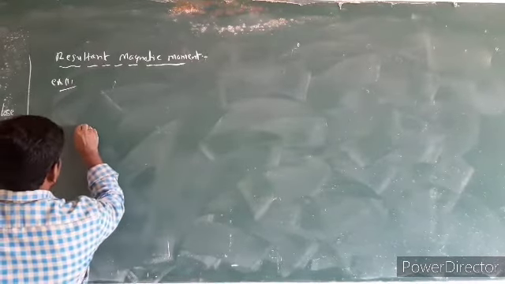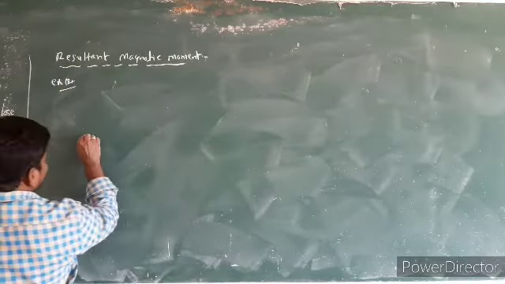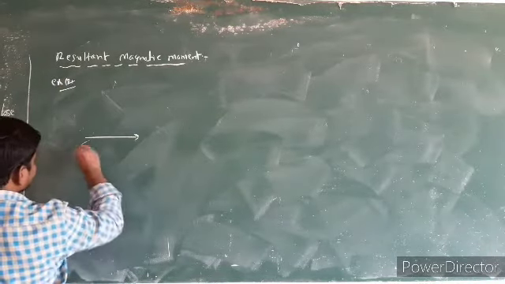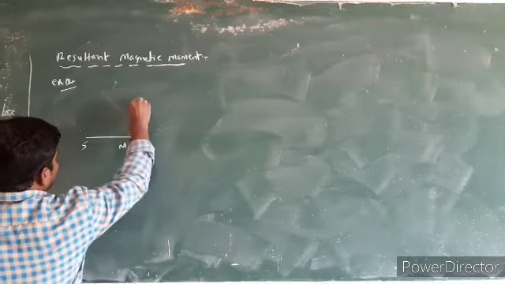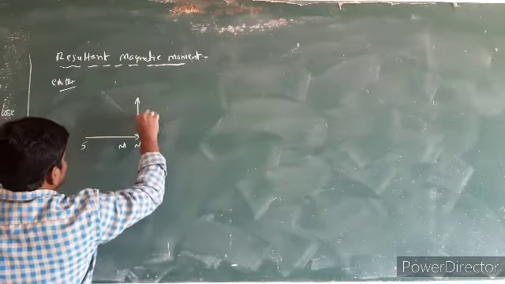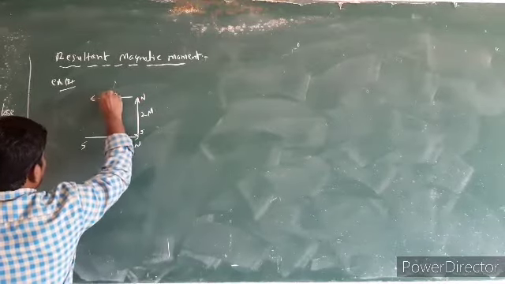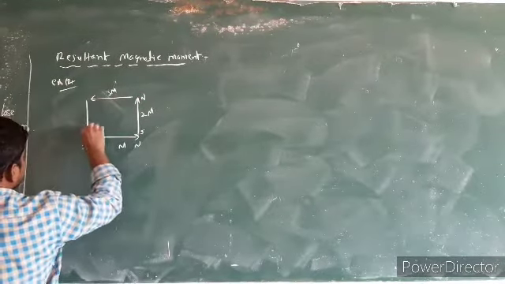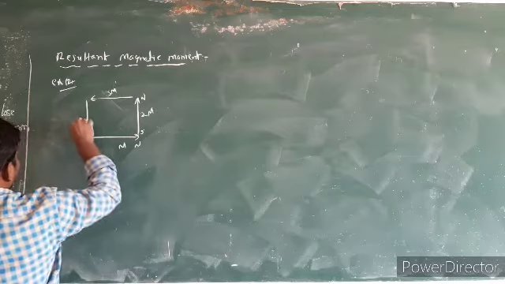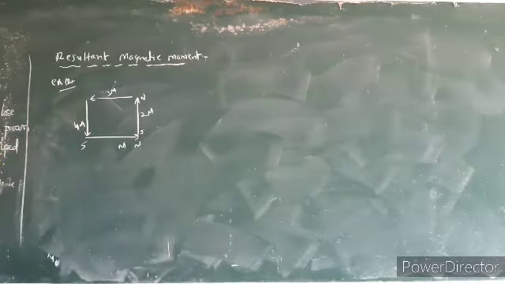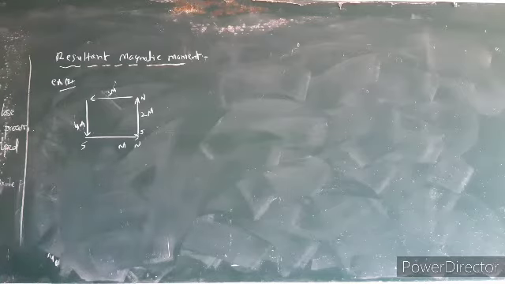See one example. Four bar magnets of magnetic moment m, 2m, 3m and 4m are arranged in the form of a square.